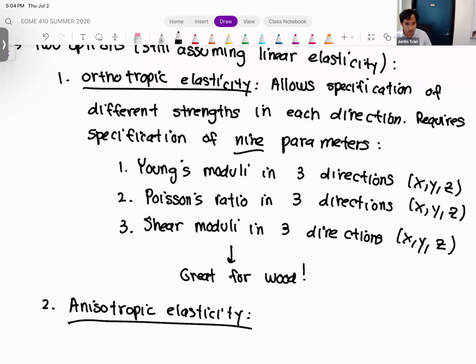Okay. So anisotropic elasticity, the idea behind it is the same, right? It's going to allow us to specify different strengths in different directions. But the difference between anisotropic and orthotropic is that we are not going to assume any symmetry between the different stress states.